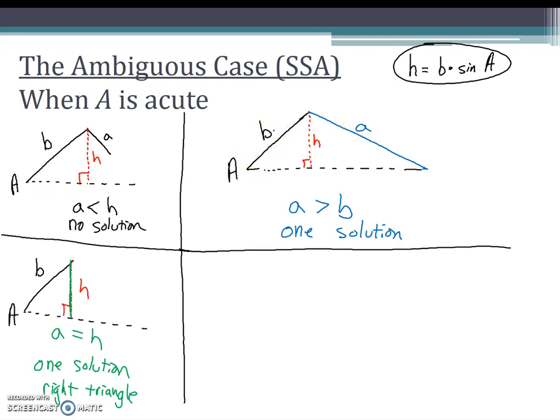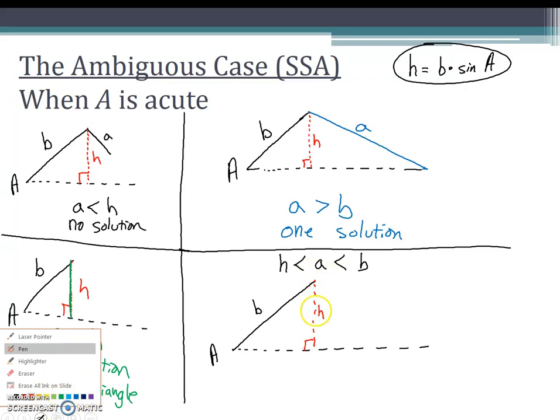And that leaves us with the most interesting scenario of law of sines with acute angles. And that is when a is longer than h but less than b. So let's start with our same sketch as always. Here's h. And now let's talk about where a falls.